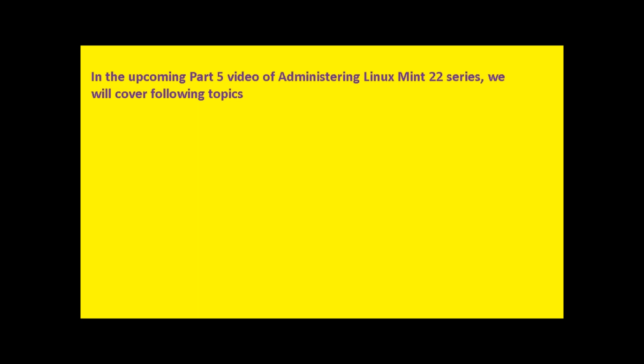Okay, so this completes our part 4 video. In the upcoming part 5 video of the Administrating Linux Mint 22 series, we will cover the following topics. This is just an advance notification I'm giving.